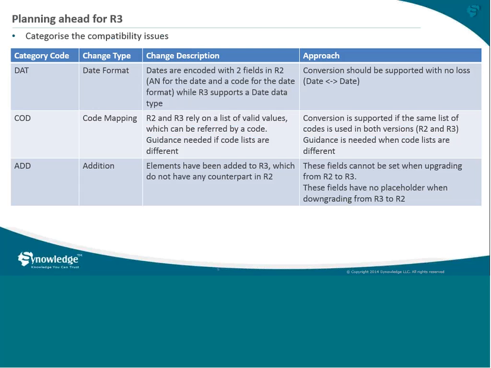For example, in the current R2 format, if the date was something like Jan 1st, 2010, the display would be like 20100101, but in R3 it will appear more like a date, something like 01/01/2010. And the code list mapping in R3 has been improved as compared to R2.